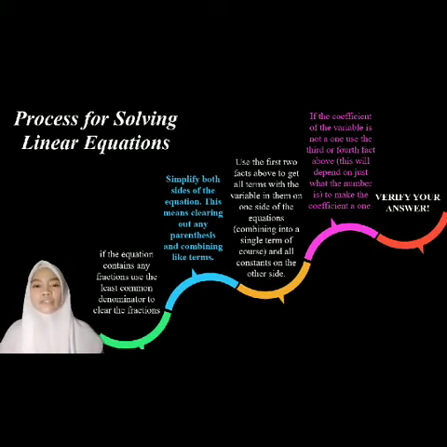If the coefficient of the variable is not a 1, use the third or fourth fact above to make the coefficient a 1. This will depend on just what the number is. Note that we usually just divide both sides of the equation by the coefficient if it is an integer, or multiply both sides of the equation by the reciprocal of the coefficient if it is a fraction.